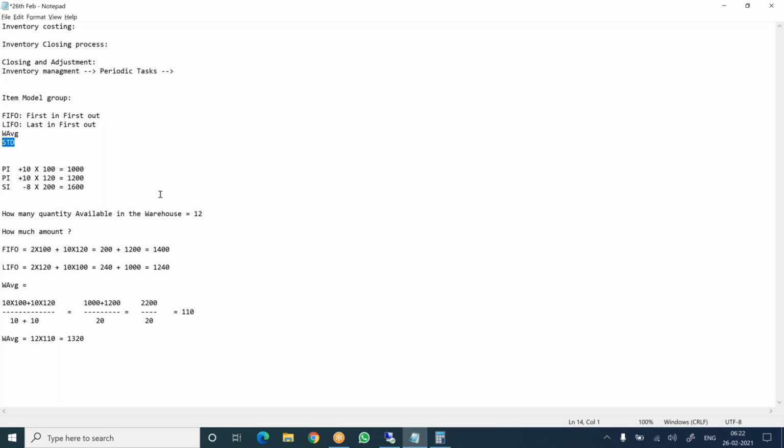In manufacturing industries, they usually have a costing sheet. Through the costing sheet, you arrive at the cost price. That will be updated in the system in the item cost price through the costing sheet.